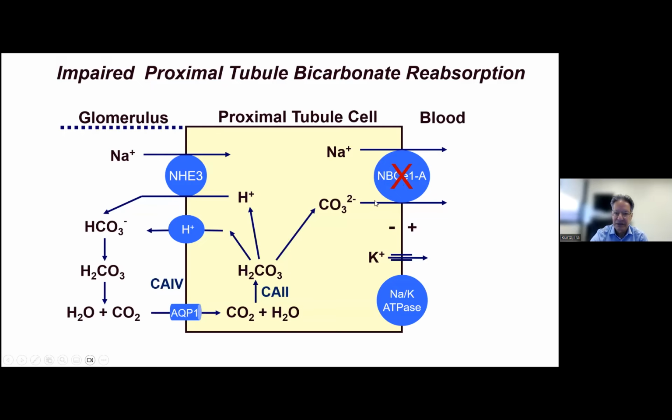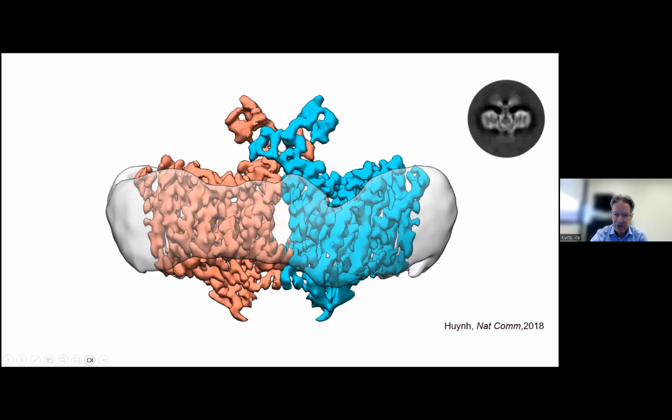So again, this patient and others in the literature have mutations in NBCE1A. This is just a picture of what the protein actually looks like from our lab that we published in 2018. There's two components here. They're both identical. They're called monomers. A lot of these proteins are what are called dimers, where two subunits bind to each other, and that's what you see with this transporter.